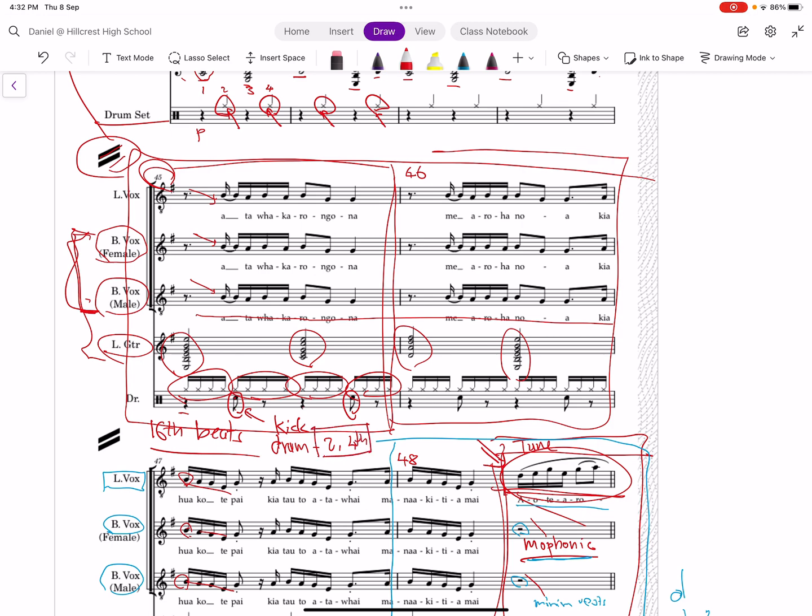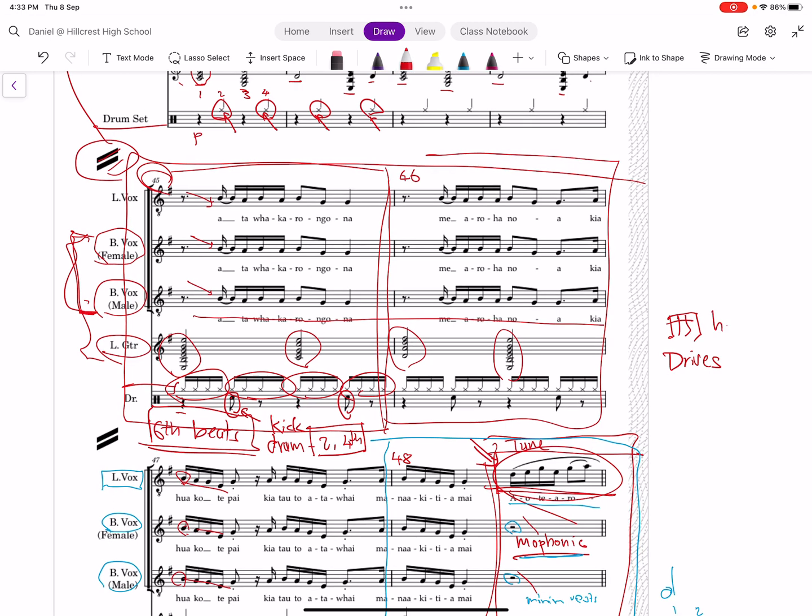But now the subdivided 16th beats on the hi-hat are providing a bit more drive to it. So I could actually say, so these pulse on the hi-hats drives the rhythm forward.